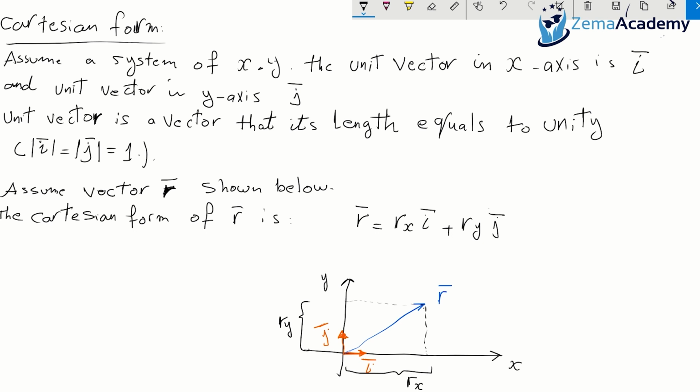Where Rx and Ry are the projections of R in X and Y respectively.